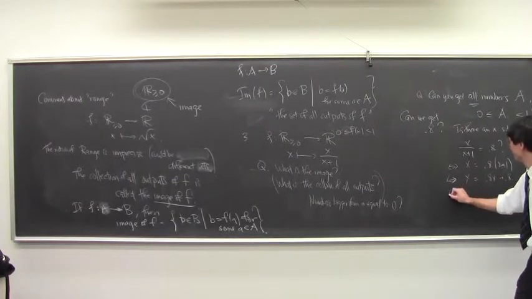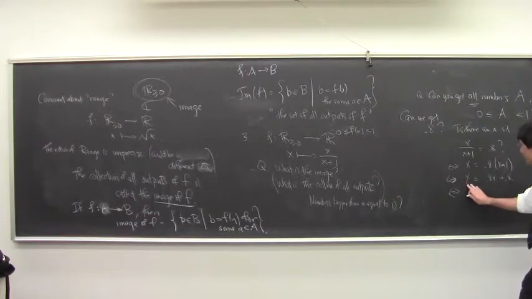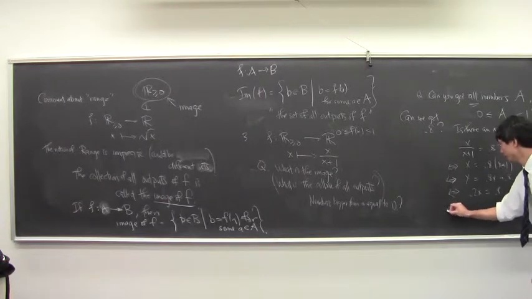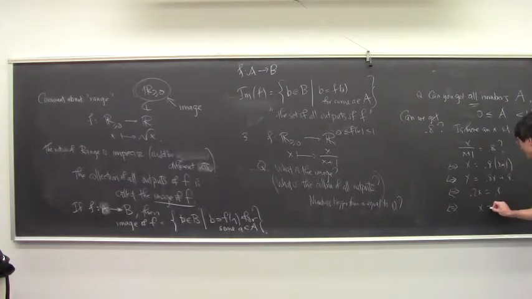In other words, moving this to the other side, 0.2x equals 0.8. Right? By junior high school math. And so you get x is equal to 4. Okay.